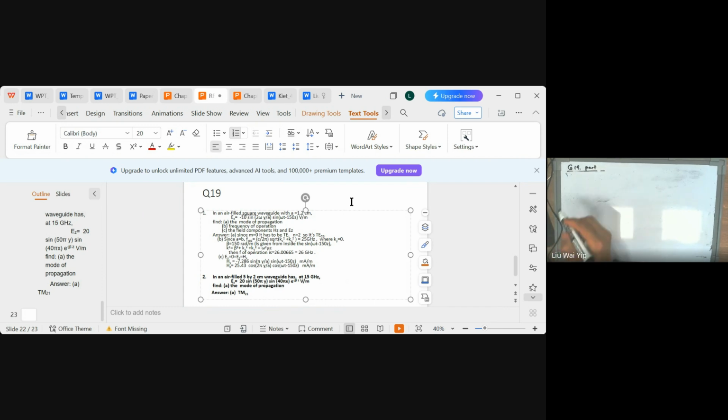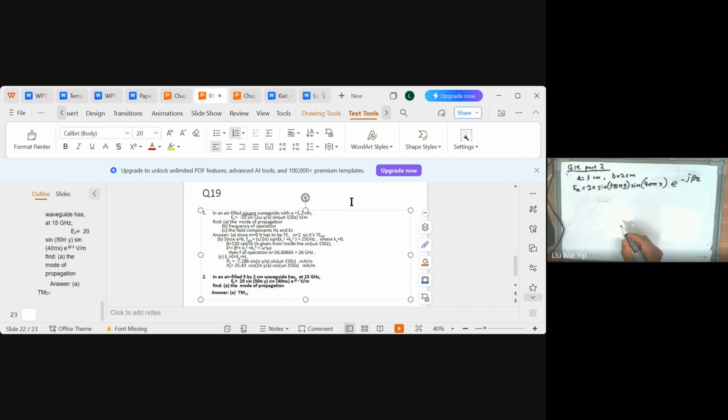Okay, so we are looking at part 2 of the question, and A is equal to 5 cm, and B is equal to 2 cm, and then E of Z is equal to 20 sine 50 pi y, and then sine 40 pi x, and then e to the minus 3 beta z.